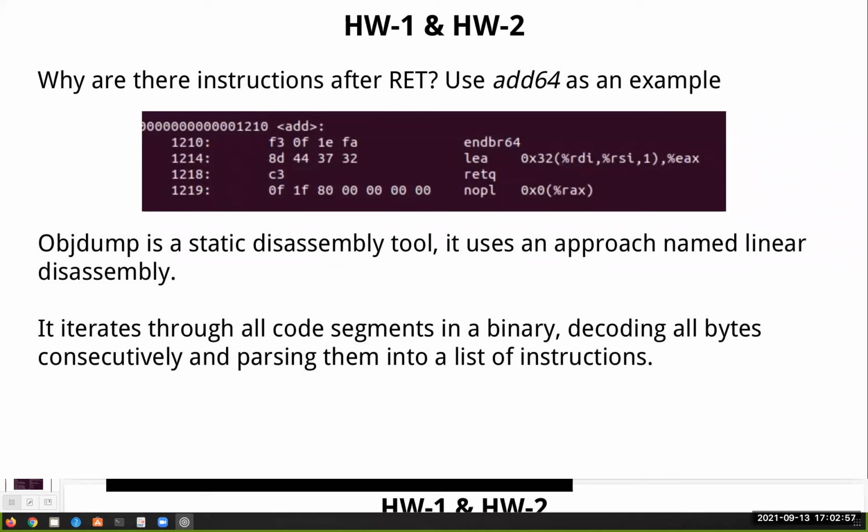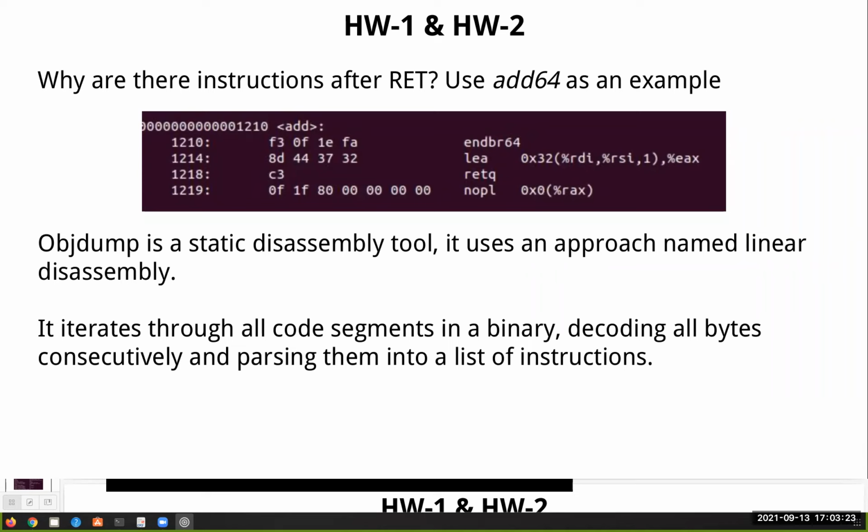Basically, it just iterates through all the code segments in a binary. Whenever it sees some bytes, it tries to interpret them into instructions. So it doesn't really consider the control flow. It's not trying to understand what the instructions are doing, because all of this is static disassembly.